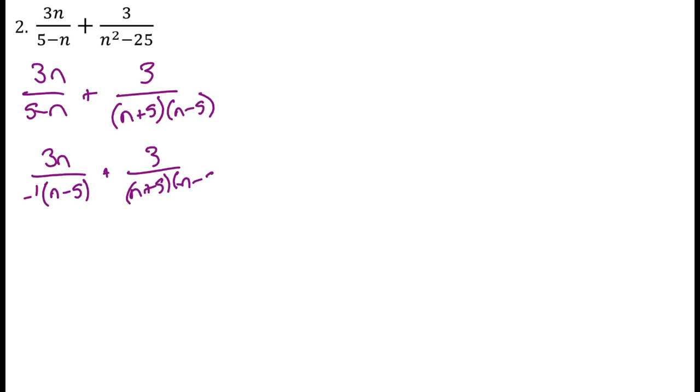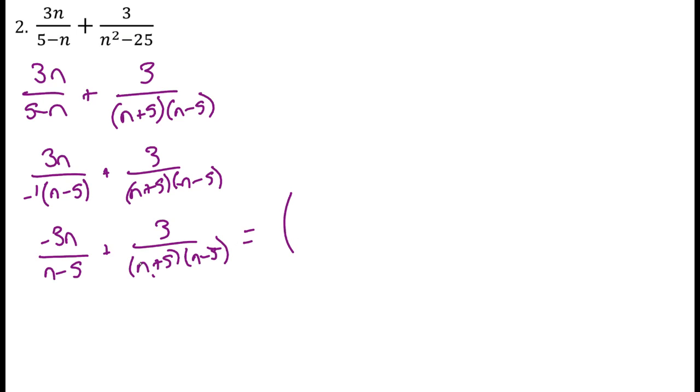Which will make working with the common denominator much easier. I'm going to take that negative 1 and put it in the numerator, because I can do that. And now, this becomes a much easier question to tackle. Because for the common denominator, I need a factor of n plus 5 and a factor of n minus 5.